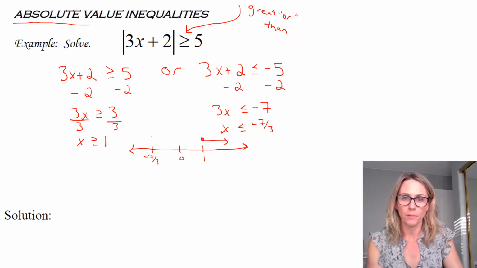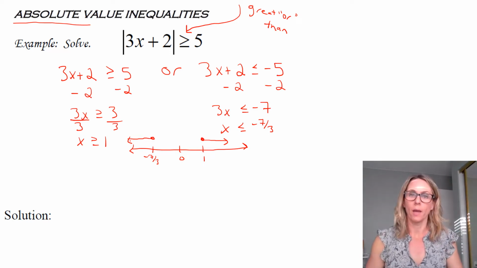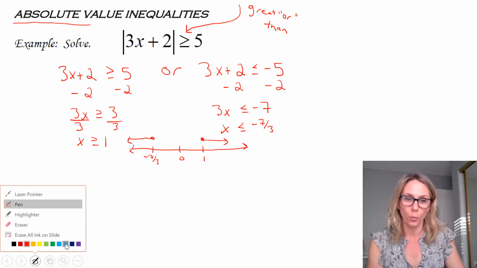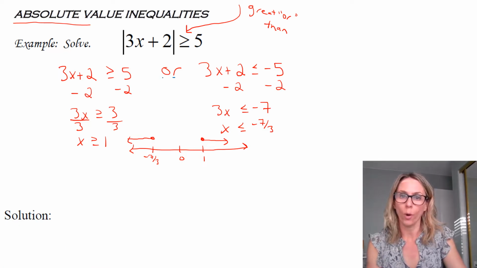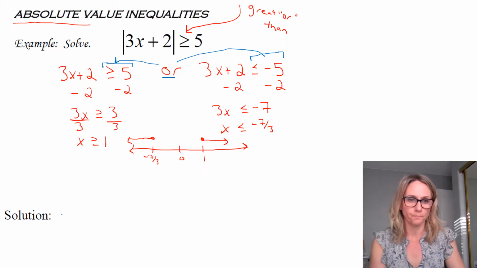Less than or equal to -7/3 looks like this. So notice, we've got these opposite directions happening. That's what happens when you have the "or." So you really want to pick up on the fact that "or" gives you this inequality here, and it gives you this inequality here.